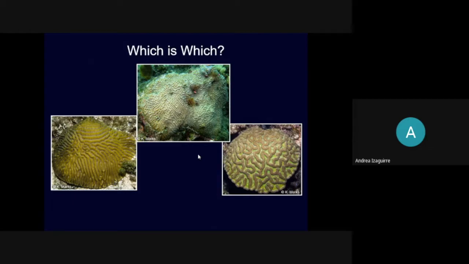Then on my left side, I'm going to have my PSTR. Even though it's a brown color, I don't see any grooves along the top, and my valleys are quite deep there. And then in my middle picture, I see quite a few lumps. So that is going to be my Pseudodiploria clivosa.